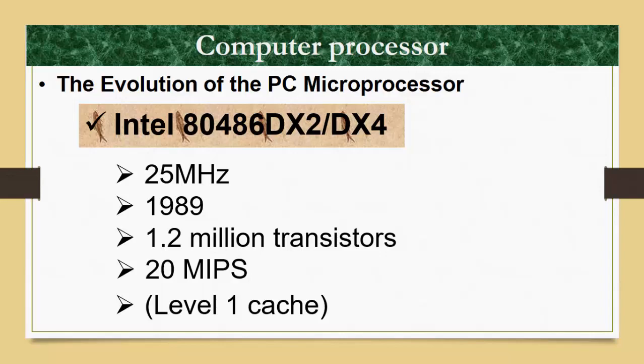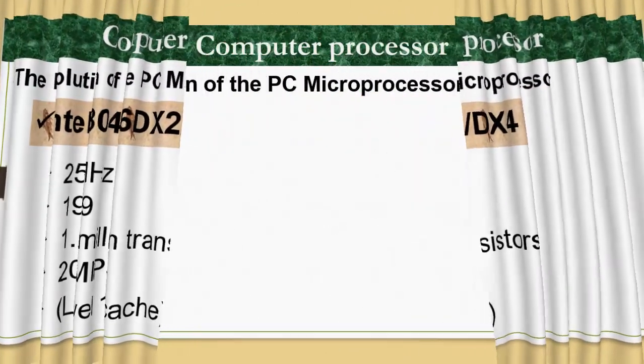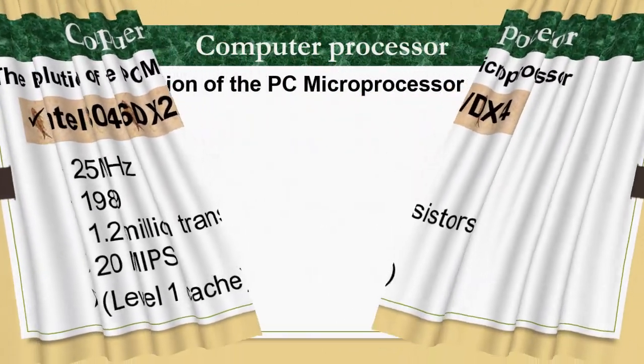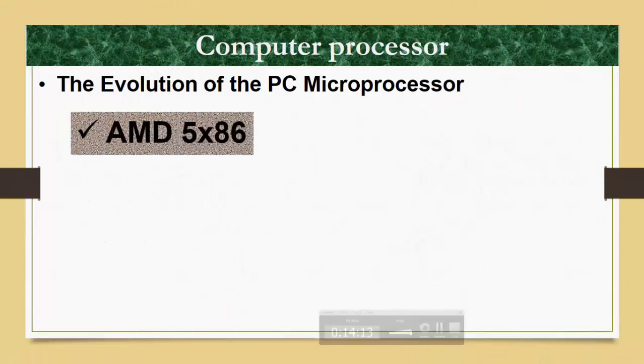Okay, students, let's go ahead. The next one is AMD 5X86. The next model of the 486 was released in 1992.